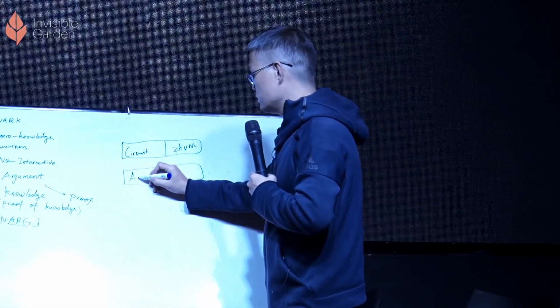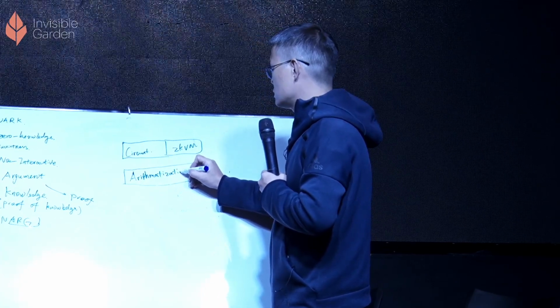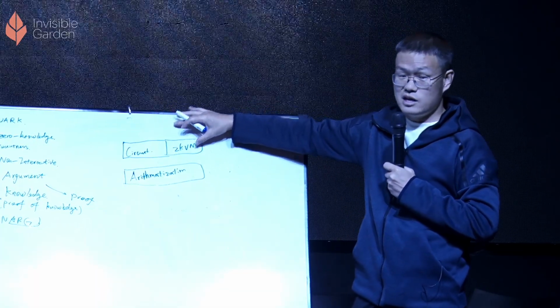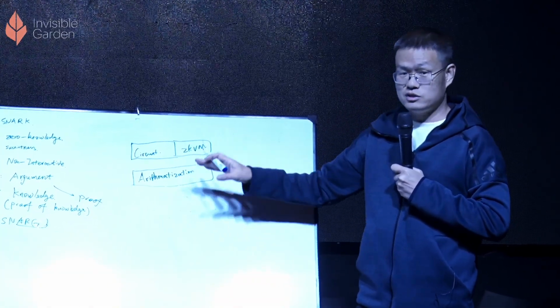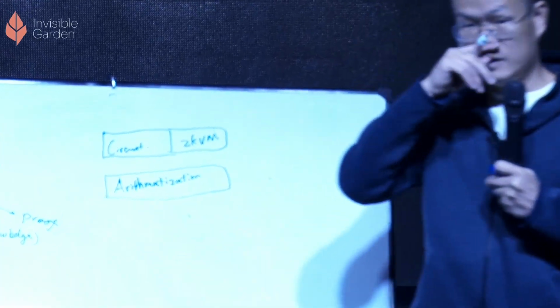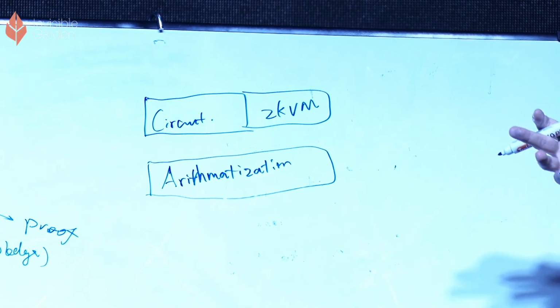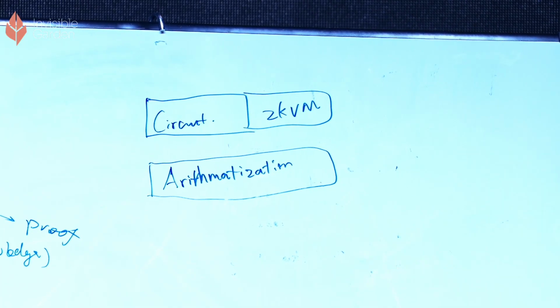We give it a name, arithmetization. So we extract constraints from the circuit or zkVM and, by some arithmetization approaches, turn them into mathematical objects like, for example, vectors, matrices, or the relationships between vectors and matrices, for example multiplication, inner product, and many other operations.